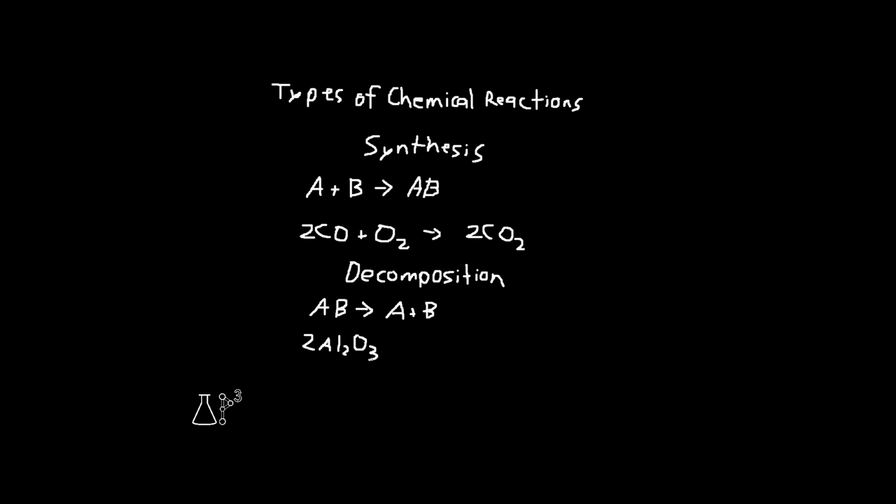And it would decompose to form aluminum and oxygen gas. This is a decomposition reaction because we go from one reactant to multiple products. It's pretty simple. These are probably the easier reactions that you're going to cover.